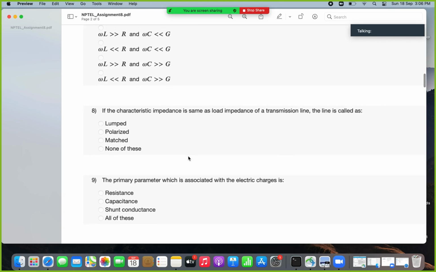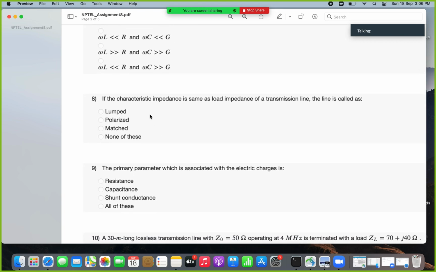So question number 8. If the characteristic impedance is the same as the load impedance of a transmission line, then what is it called? It is matched, right?